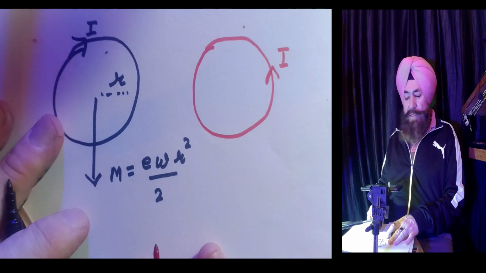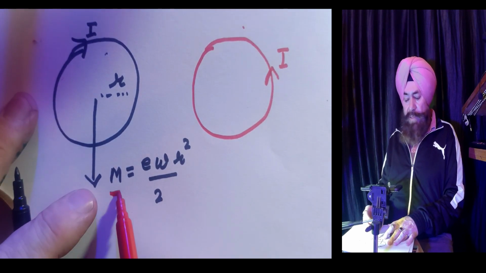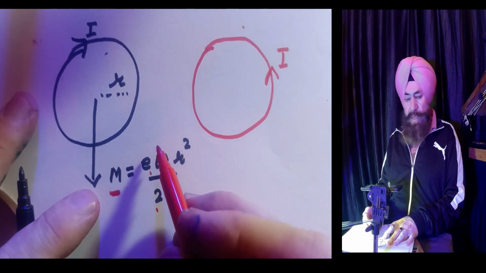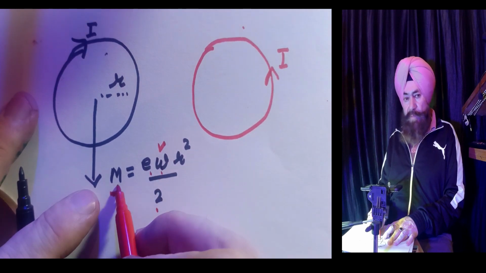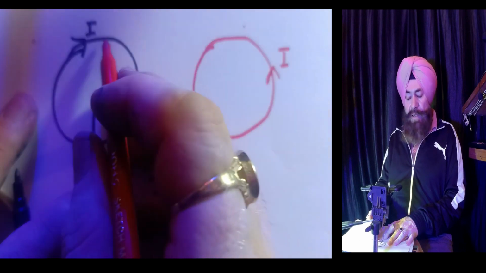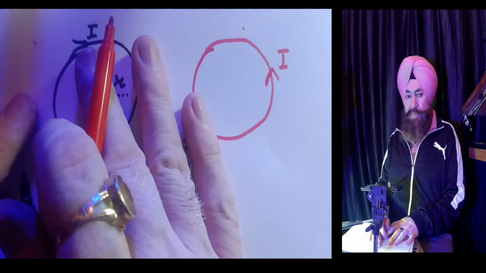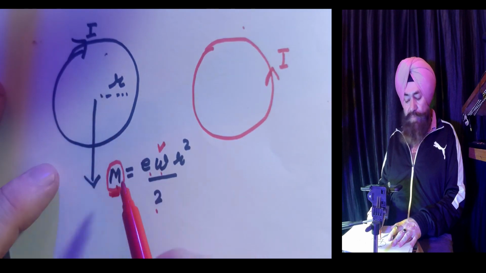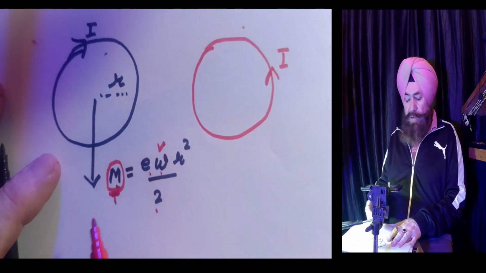And you know very well, I just explained the formula of the magnetic moment: e omega r squared divided by 2. Omega is the angular velocity. The more the angular velocity, the more the magnetic moment. Magnetic moment means the circulating current in a loop behaves like a magnet, and the strength of that magnet is given by the magnetic moment.